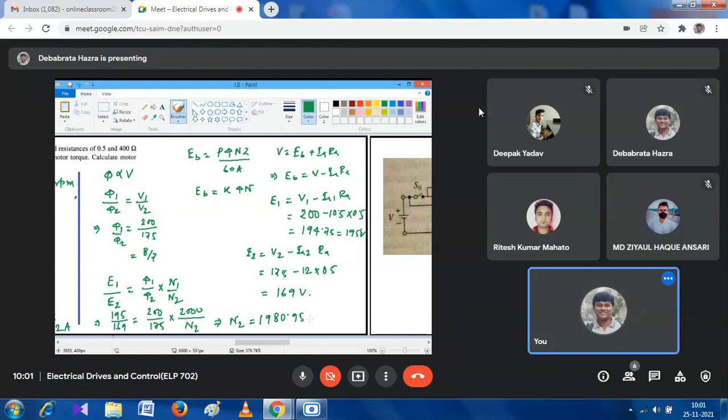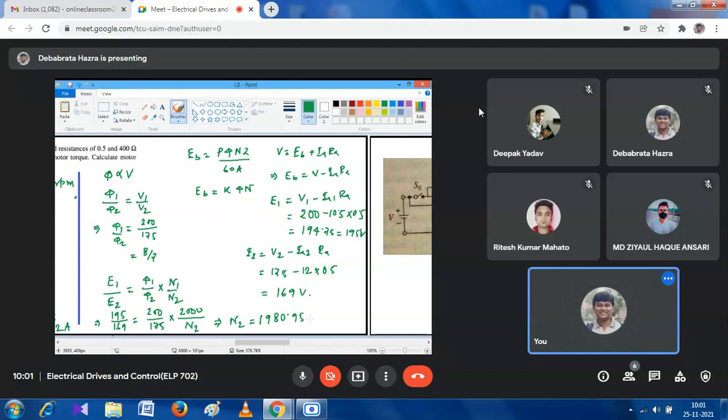So the speed of that motor is 1981 RPM when the voltage is dropped to 175 volts. That means if the source voltage is dropped to 175, then at that time the speed is 1981.